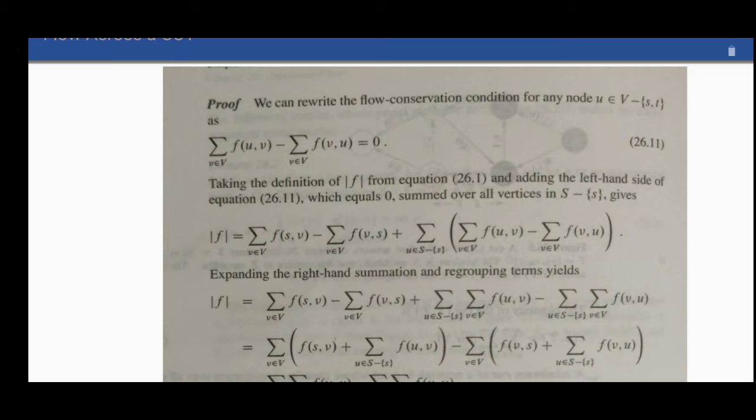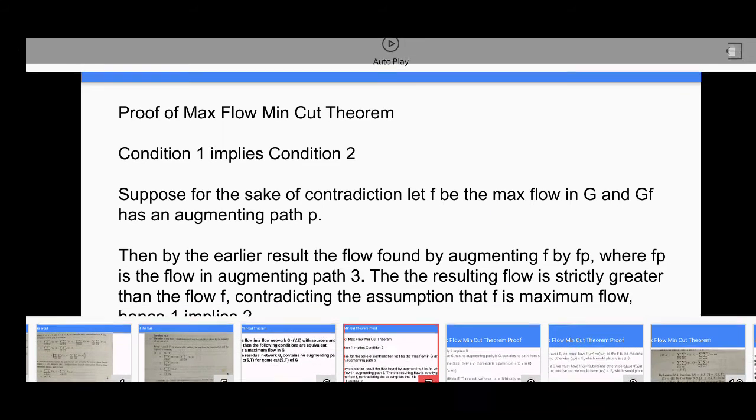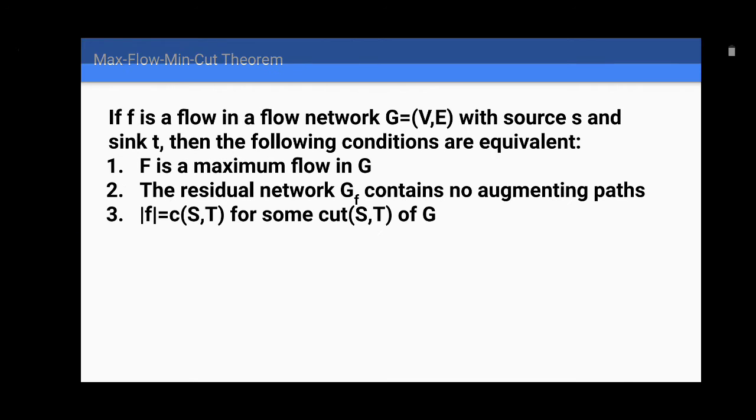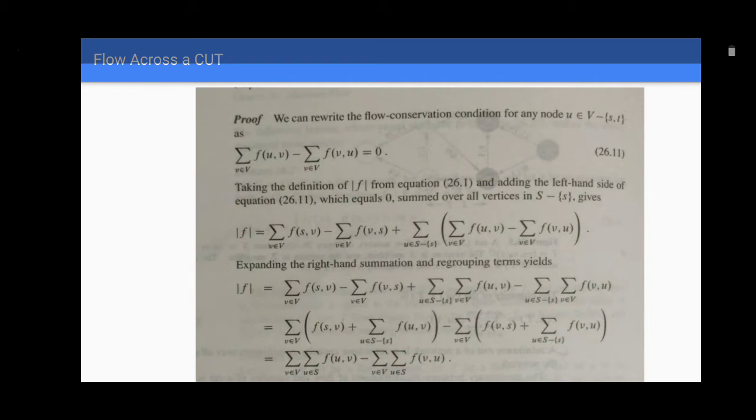If you notice, it is f of SV minus f of Vs, and this summation of u belonging to V minus S T, which is equal to nothing but summation V belonging to capital V, f of uv minus summation of V belonging to capital V, f of vu, which is nothing but the equation which is shown here as 26.11.